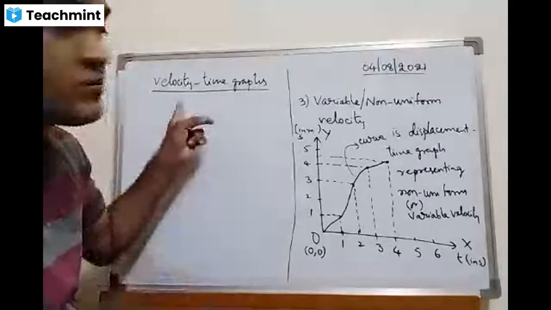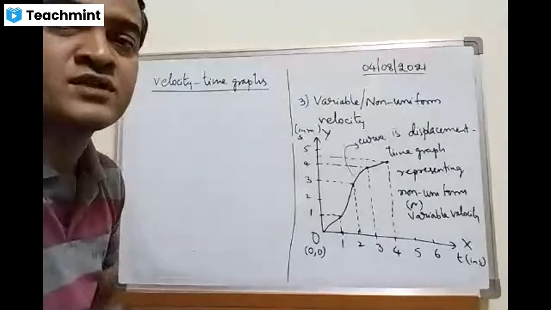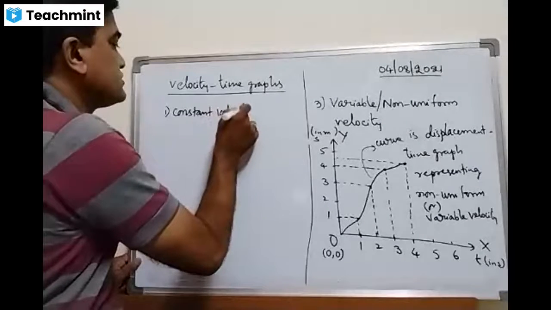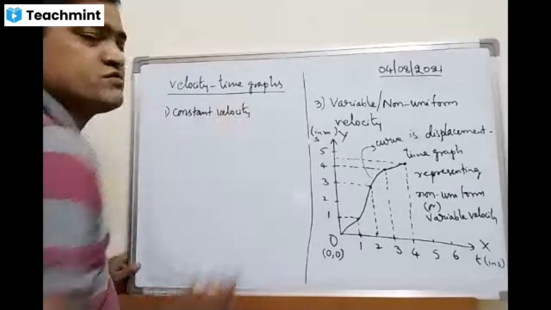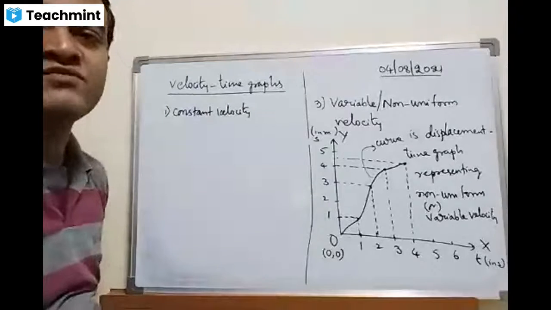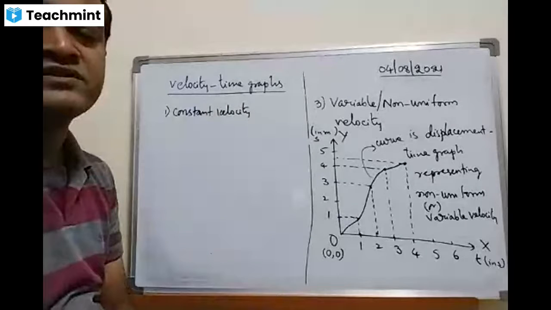Whereas now I am going to discuss velocity time graphs. In velocity time graph, first one is said to be constant velocity. Constant velocity is nothing but what? There is no change in velocity.